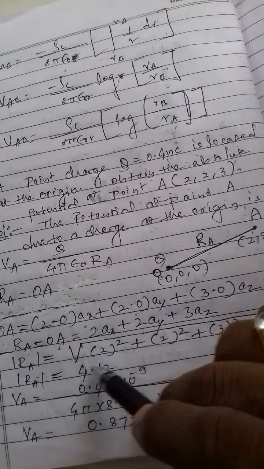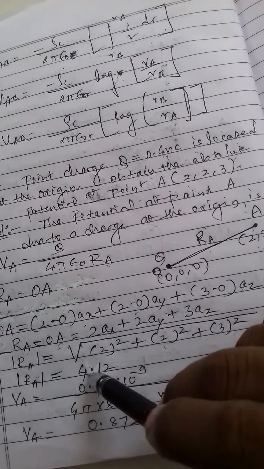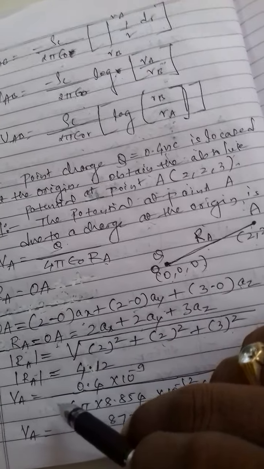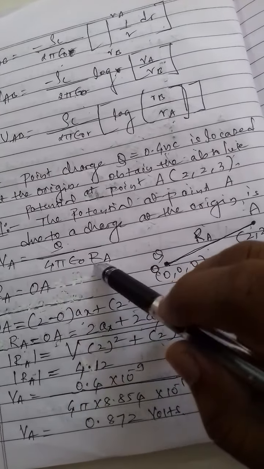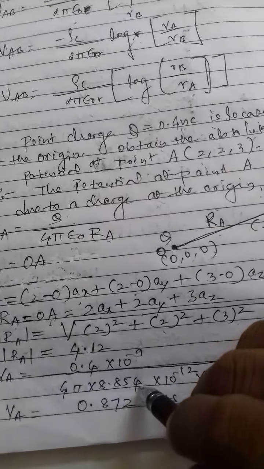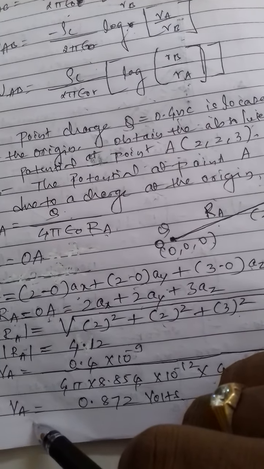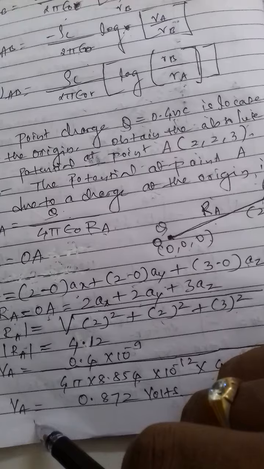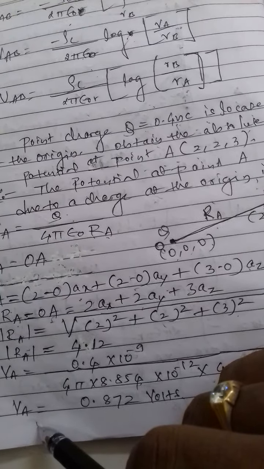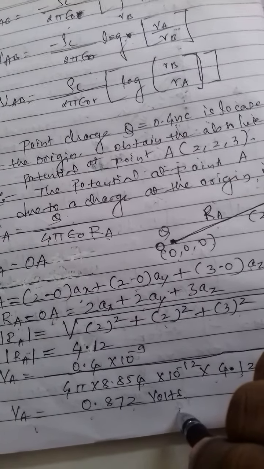Modulus of Ra is equal to square root of 2 square plus 2 square plus 3 square, which is 4.1. Then Va is equal to q upon 4 pi epsilon Ra, 0.4 into 10 raised to minus 9, over 4 pi epsilon, 4.854 into 10 raised to minus 12, into 4.1. Va, the absolute potential at point A, is 0.872 volts.